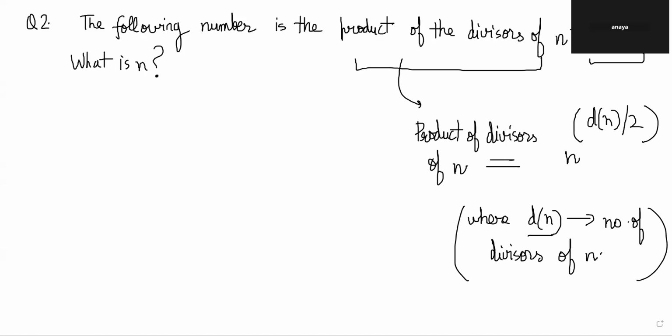I wrote it as n to the power of half the number of divisors. From that information, you should be able to find n here. They have given you the product of divisors, n to the power dn by 2.